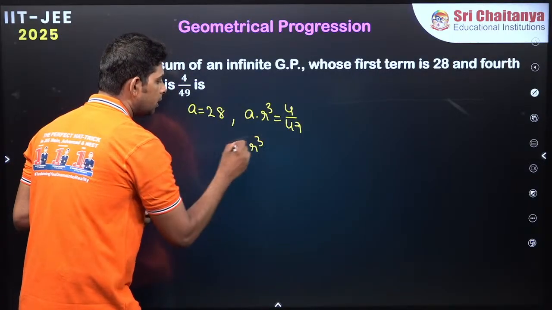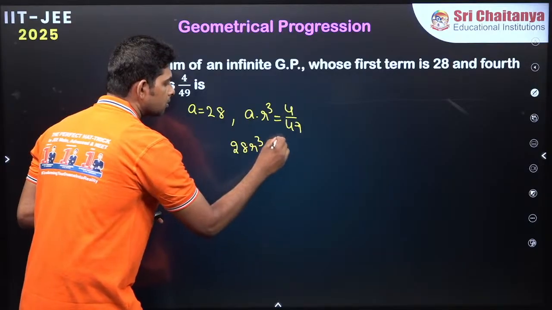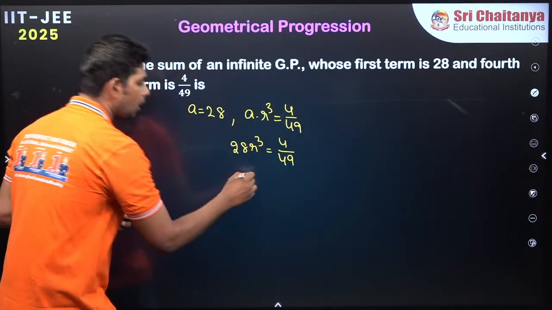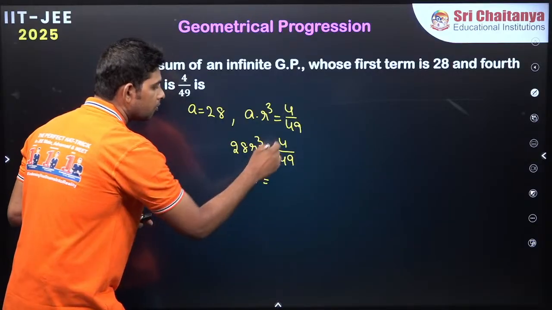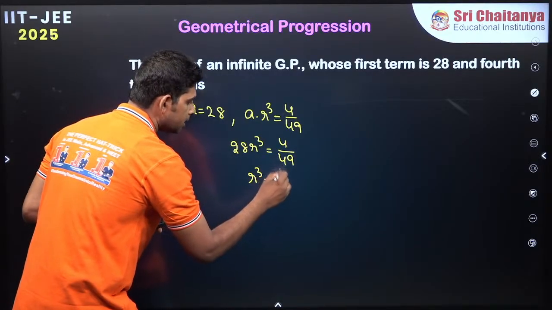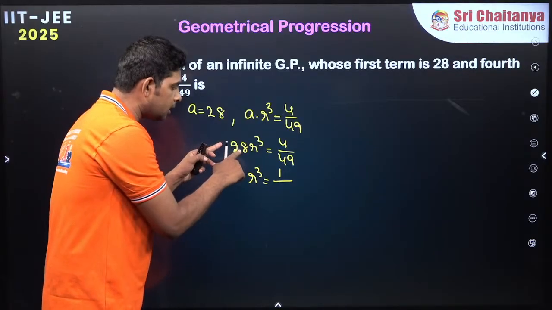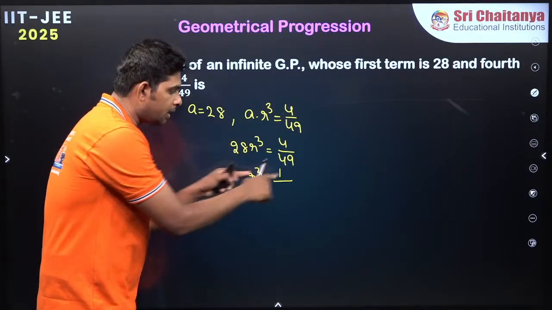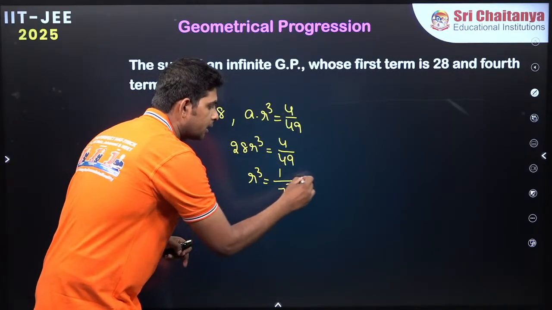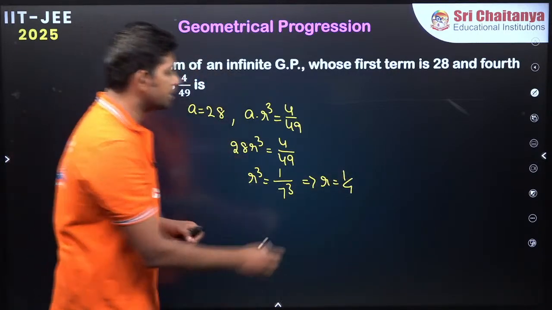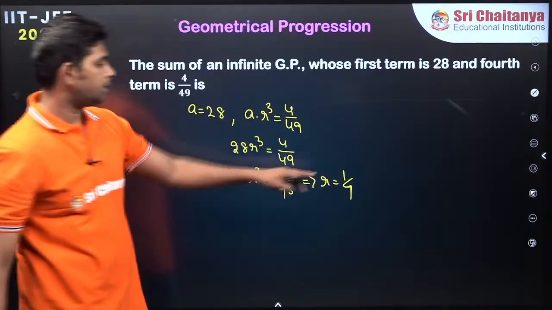R cube into 28 is equal to 4 divided by 49. Now R cube is equal to 4 cancelled with 7 here, which gives us 1 by 49, and 49 can be written as 7 square. 7 times it is getting cancelled. 7 into 7 square is giving us 7 cube. What will R be then? 1 by 7. 1 by 7 is our common ratio.